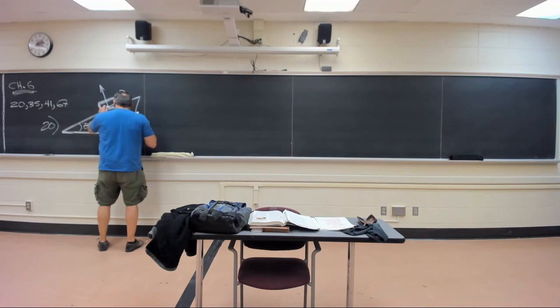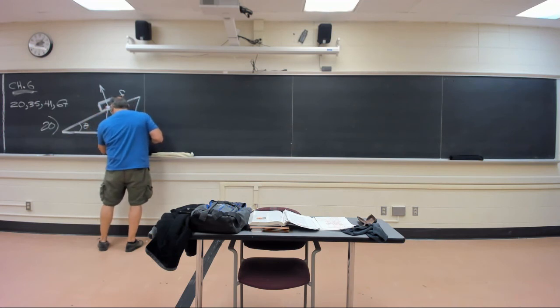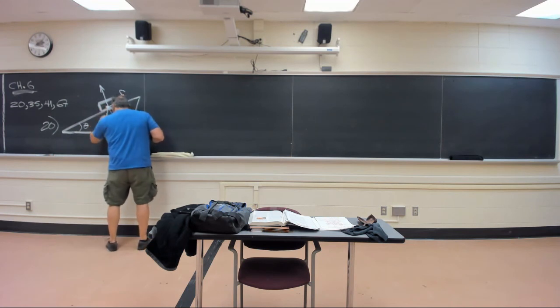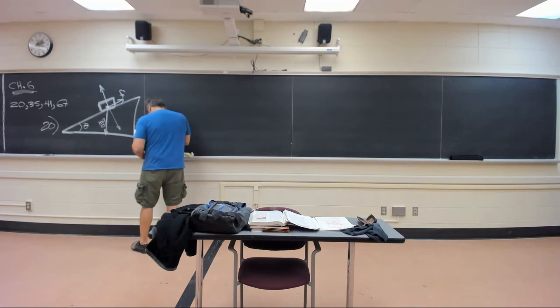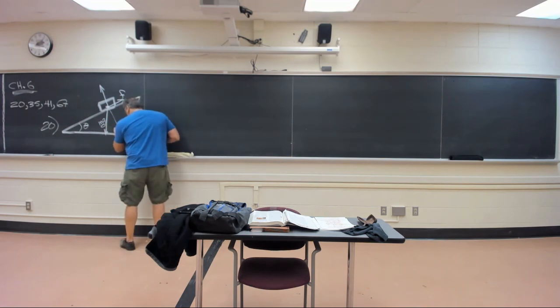The something going on over here is, well, there's a number of ways you could look at that. This guy going straight down, that's mg. And this guy right here, now let's be careful.